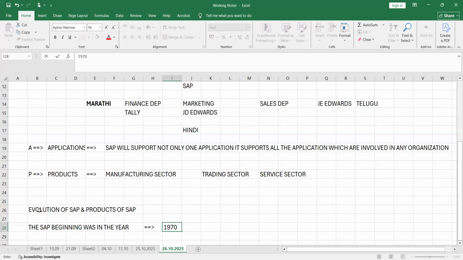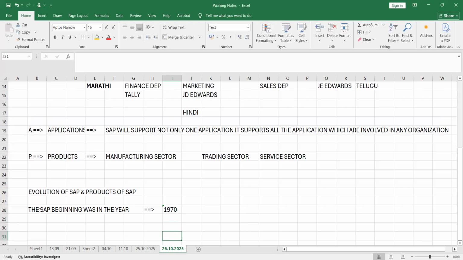And in the year 1972, the real SAP, there is a version, a product called SAP R1.